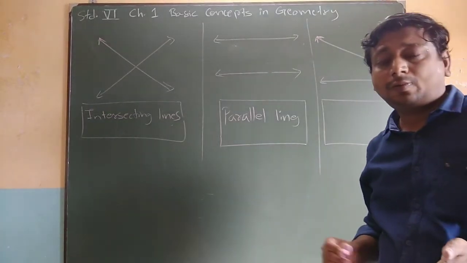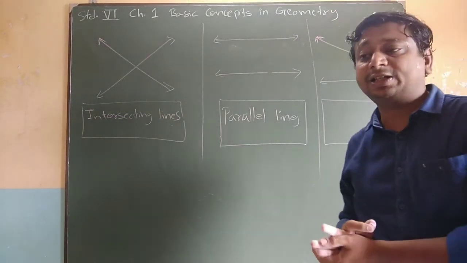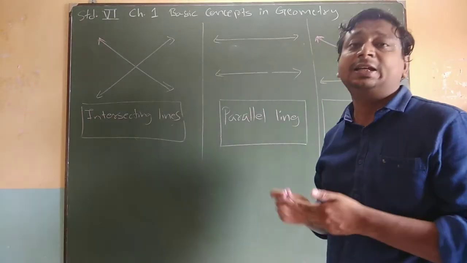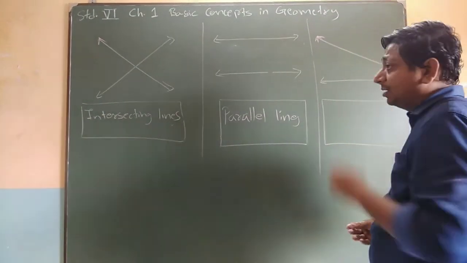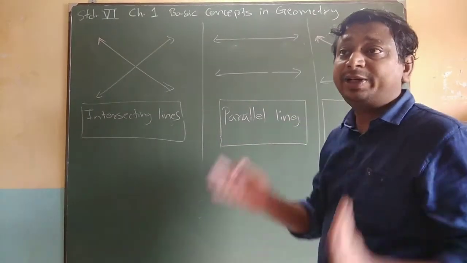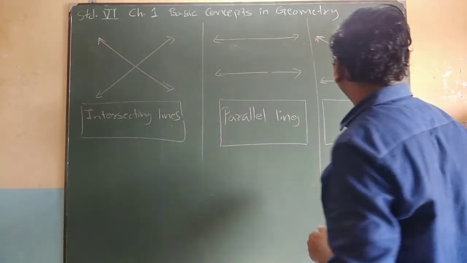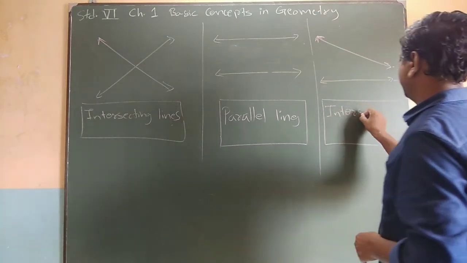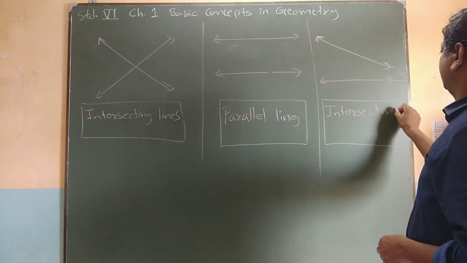So, if the lines meet each other when you extend the lines, then those lines will be called intersecting lines. Parallel lines will never meet each other, never join each other. So this is also intersecting lines.